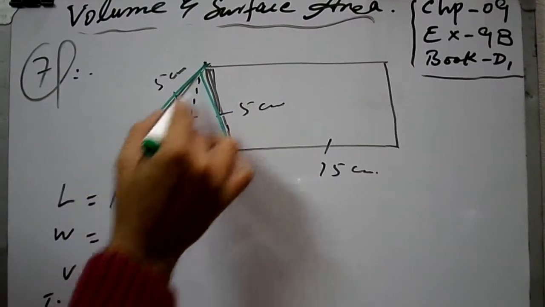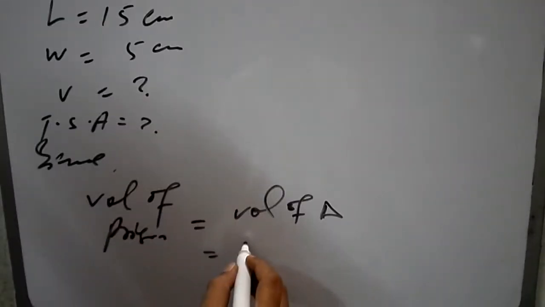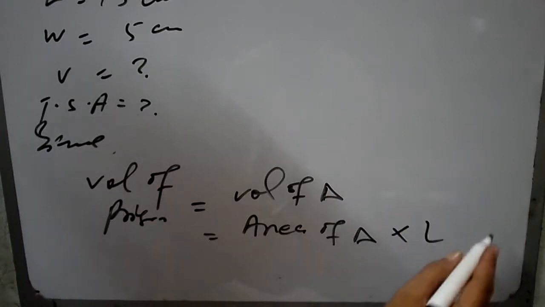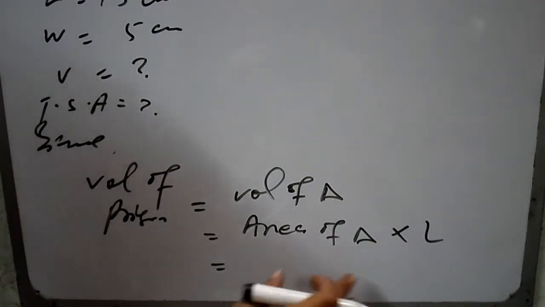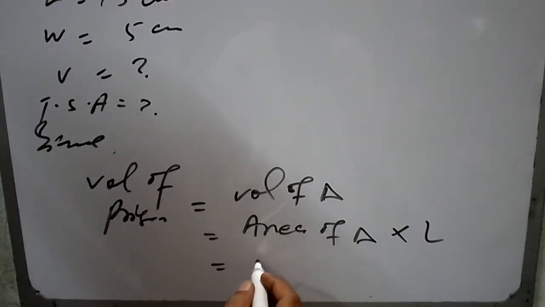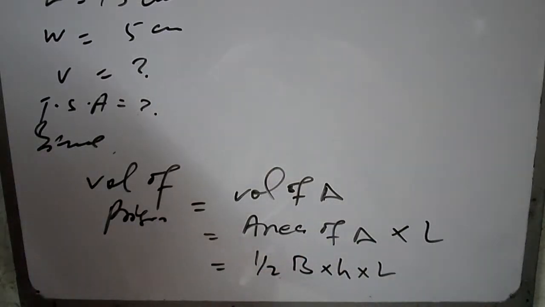So we consider the volume as the area of the triangle multiplied by length L. Length is 15 centimeter and the area of a triangle is base into height. To clear the concept, otherwise you can find the volume directly, because you have a formula: half into base into height into length. Both are the same thing, only to clear the concept.